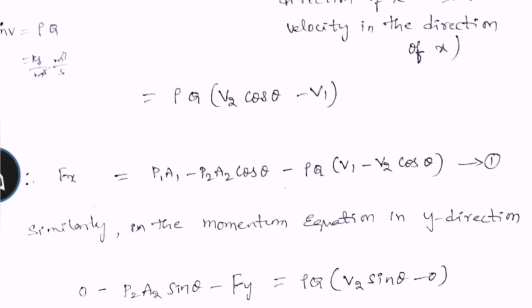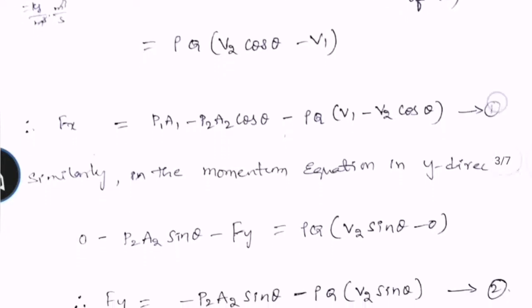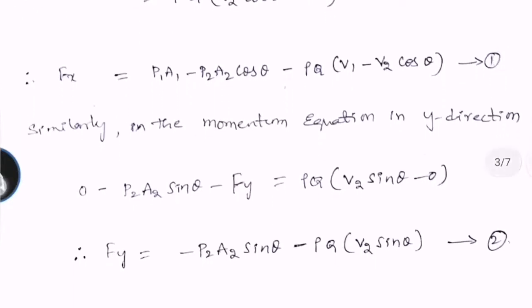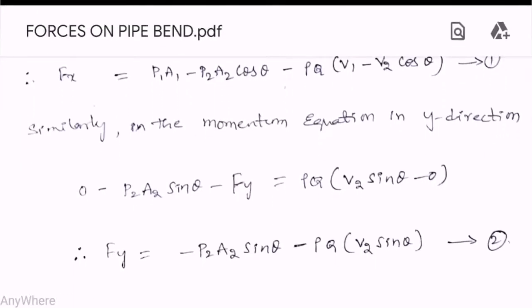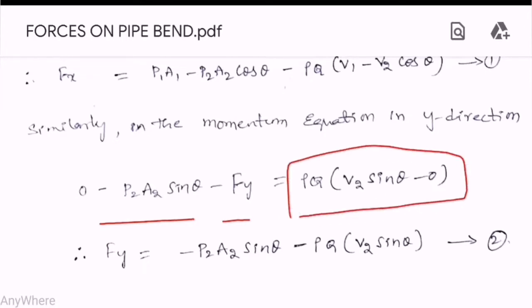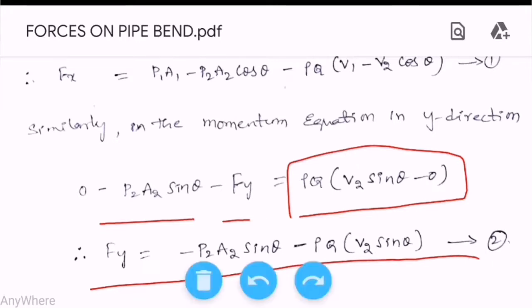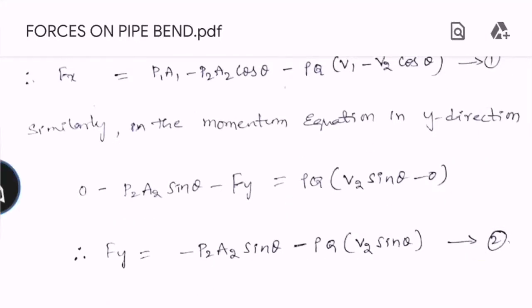Similarly, in the momentum equation in the y direction, we take the forces along the y direction. We have only P2A2 sin theta and Fy, as we have usually discussed. So finally we get the Fy value also like this: Fy equals minus P2A2 sin theta minus rho Q V2 sin theta.